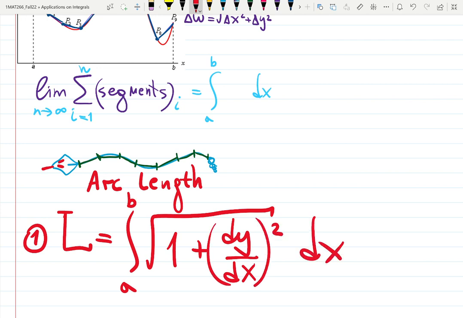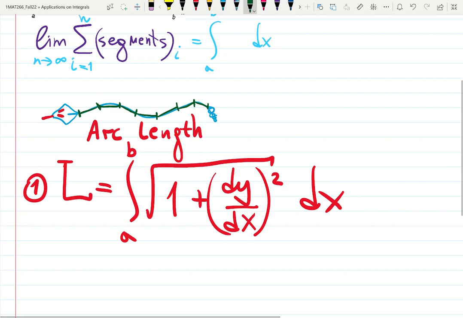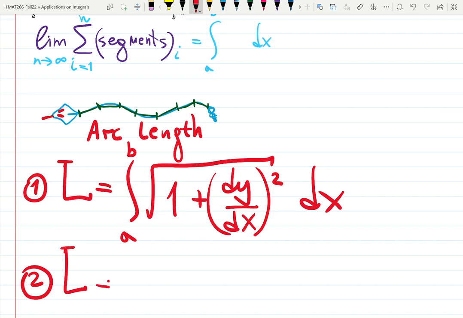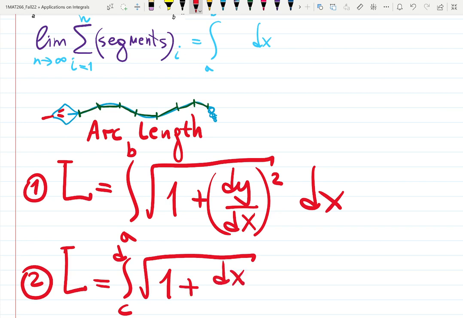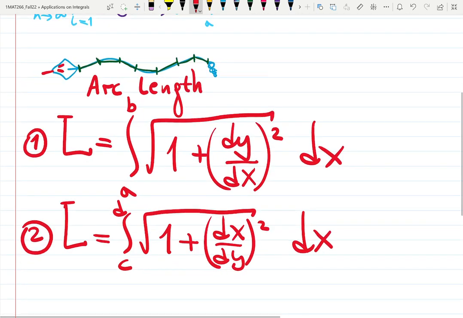It comes from the Pythagorean theorem, and you can check the derivation, but the idea is always 1 plus derivative squared. Or, if you choose to use dy, and you will see in the examples why you would do that, the integral from c to d of the square root of 1 plus dx/dy, the derivative of x now, squared, dy.